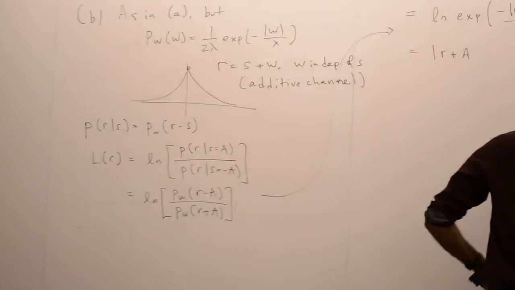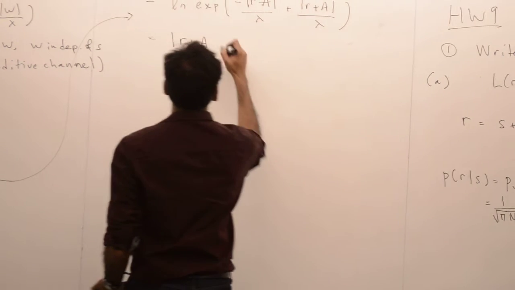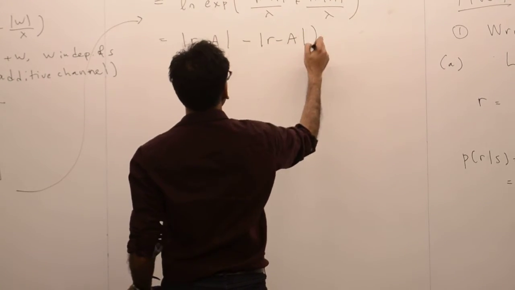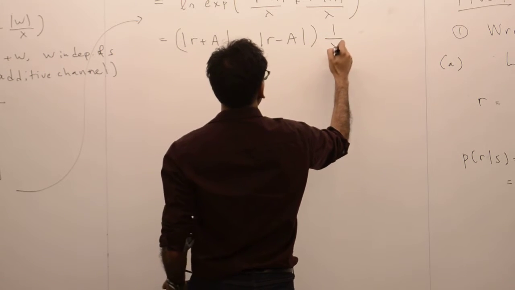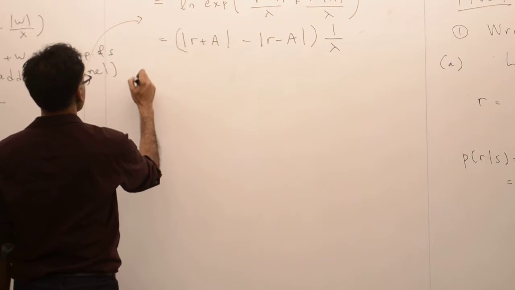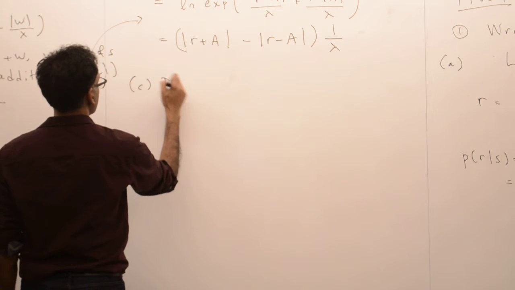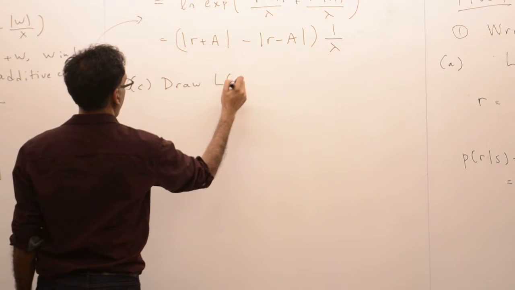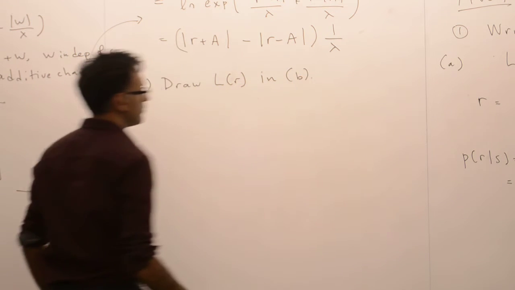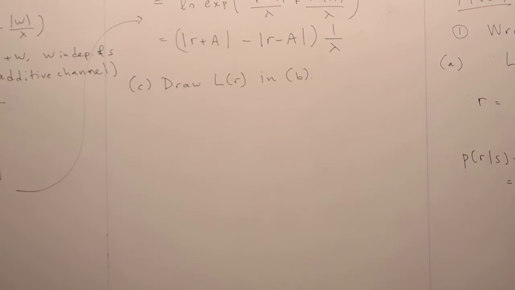So that's absolute value of R plus A minus absolute value of R minus A. If you were to draw this, it will actually kind of look weird. What does the absolute value of R plus A look like?